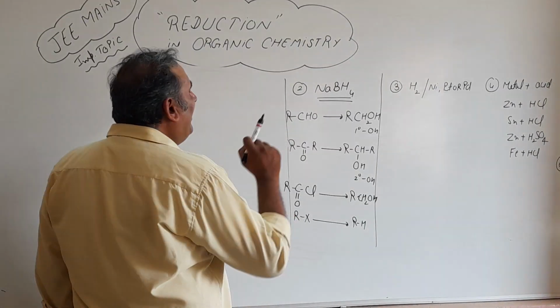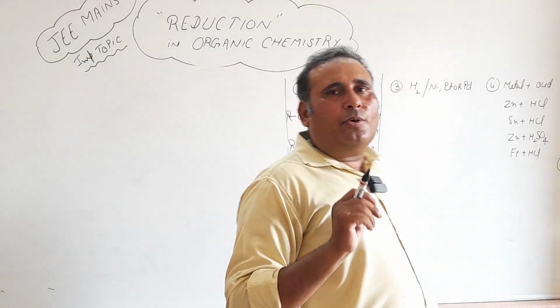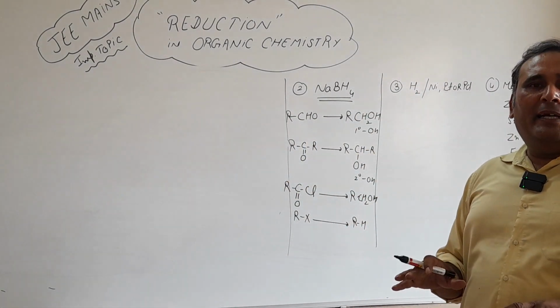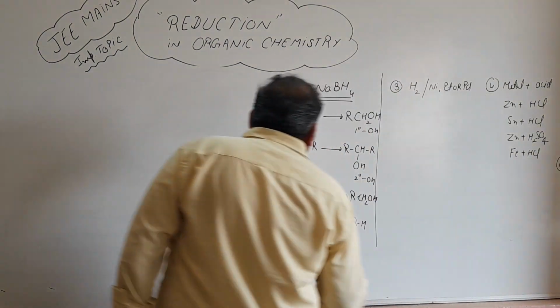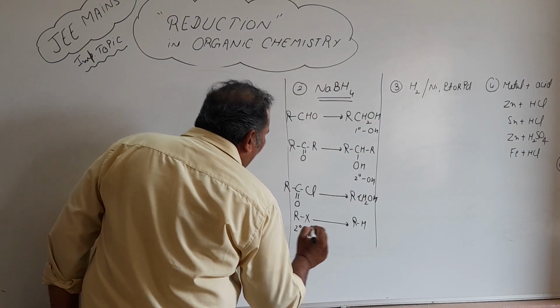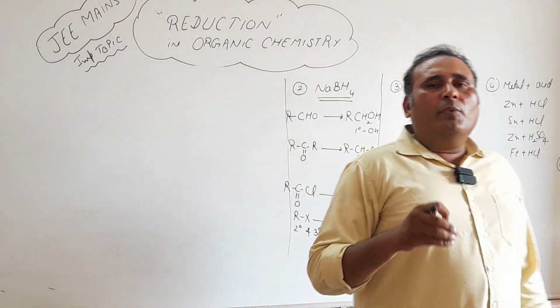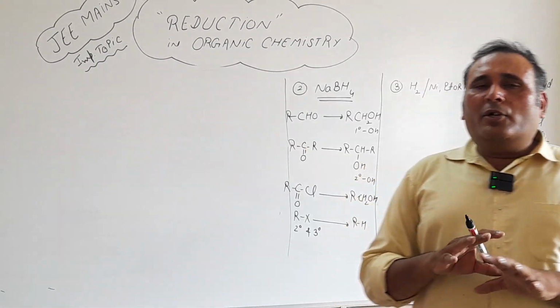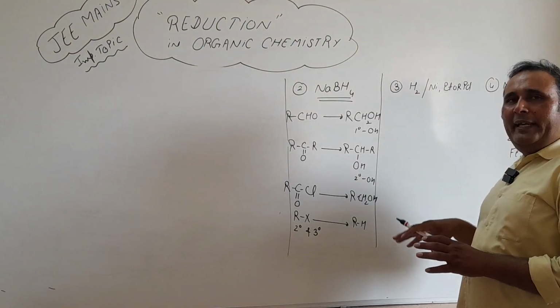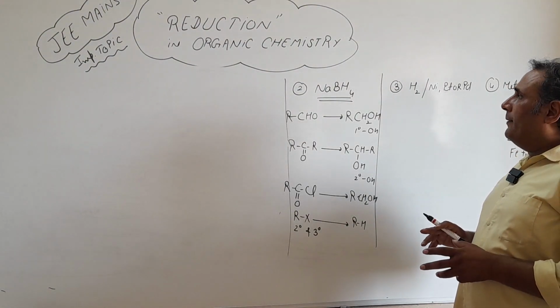But we have to remember that sodium borohydride cannot reduce 1 degree alkyl halide. It can only reduce 2 degree alkyl halide as well as 3 degree alkyl halide. So sodium borohydride does not reduce 1 degree alkyl halide. It will reduce 2 degree or 3 degree alkyl halide into alkane.